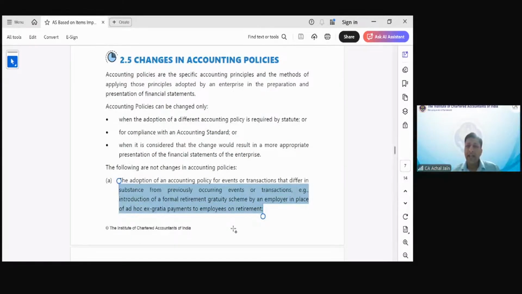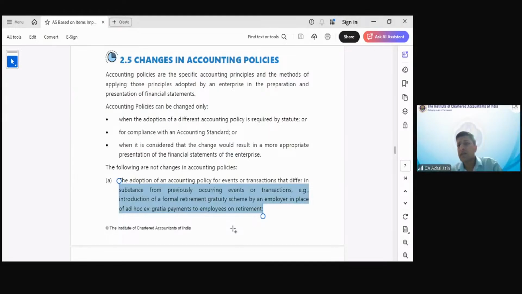The company has brought in a retirement gratuity scheme in place of ad hoc ex gratia payments. So in the previous years, this employee benefit was not there. In fact, the mechanism of giving the employee benefit was ad hoc.